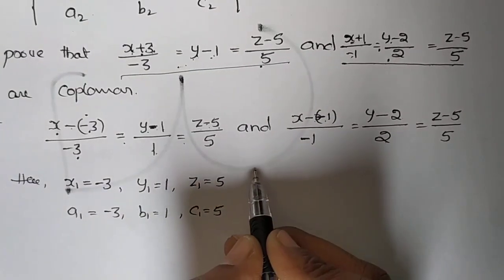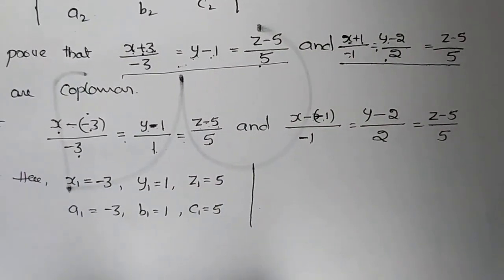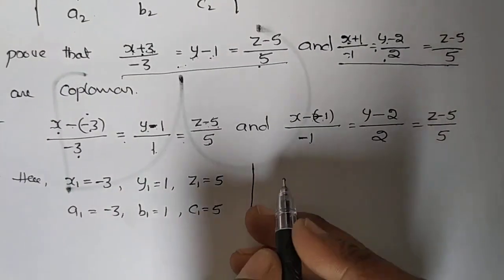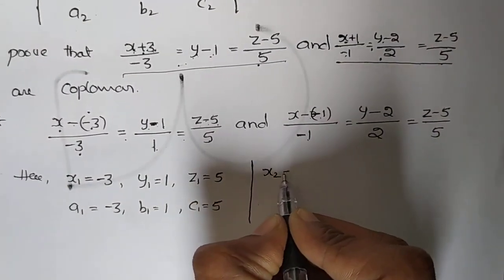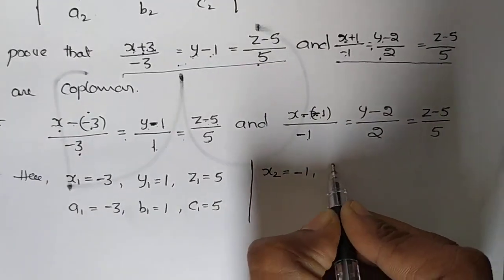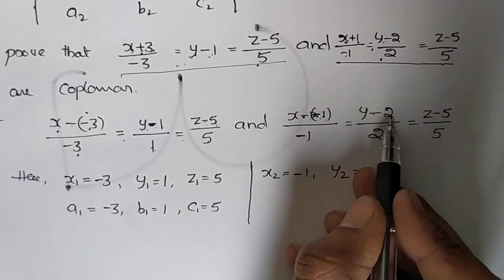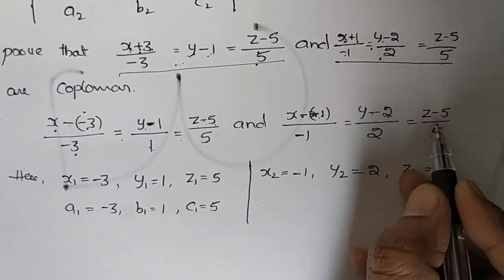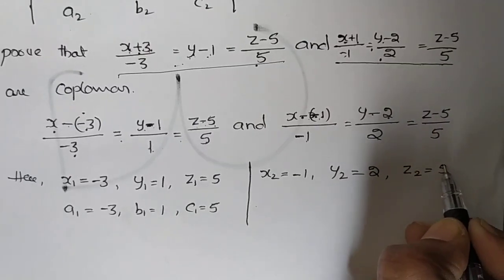These types of questions we have already solved in our previous classes. Now let us come to the second line. x2: after the minus, we have minus 1, so x2 is minus 1. y2: after the minus, plus 2, so y2 is plus 2. z2: after the minus, plus 5.